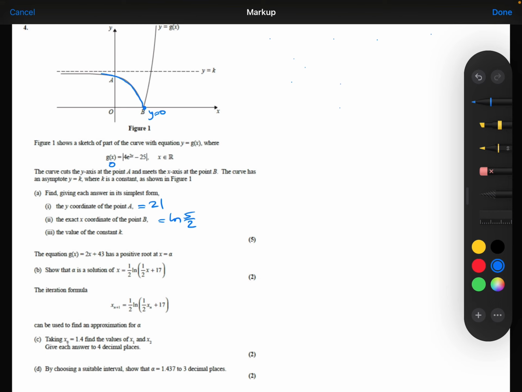So as x gets smaller and smaller, becomes more and more negative, it's tending towards this value of k. So let's think about this function and what happens when we make x more and more negative.